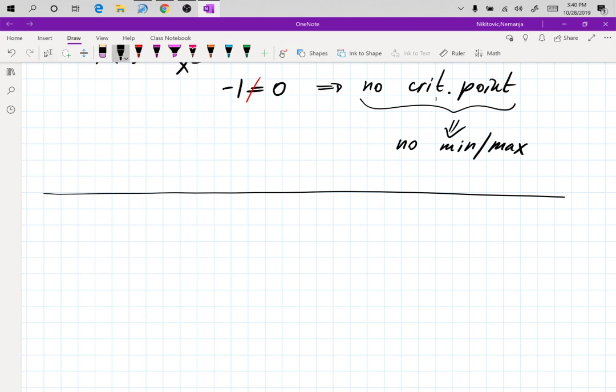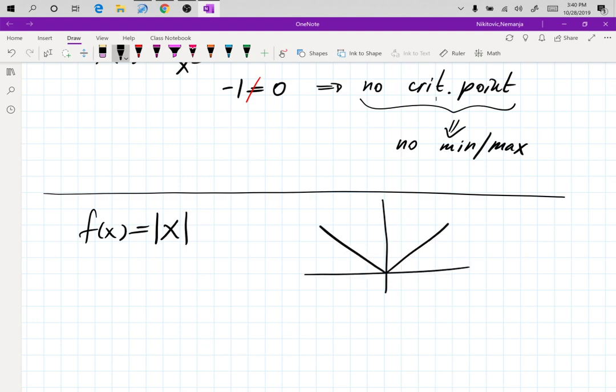And the example for something like that would be f of x equal absolute value of x. You can clearly see the minimum here. And where does it happen? Well, it happens where the derivative doesn't exist.